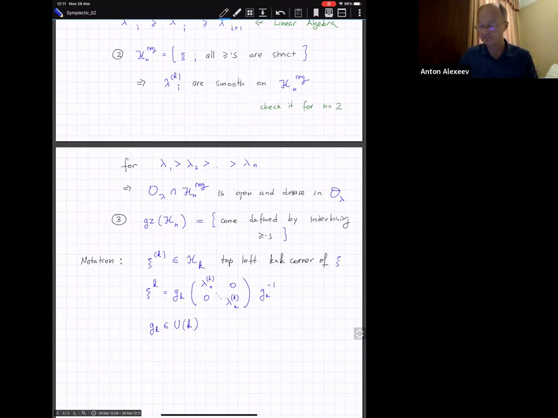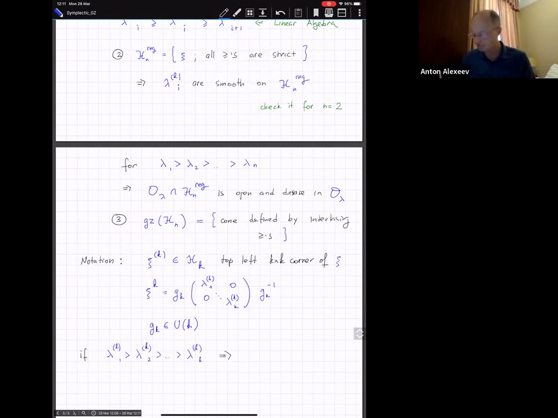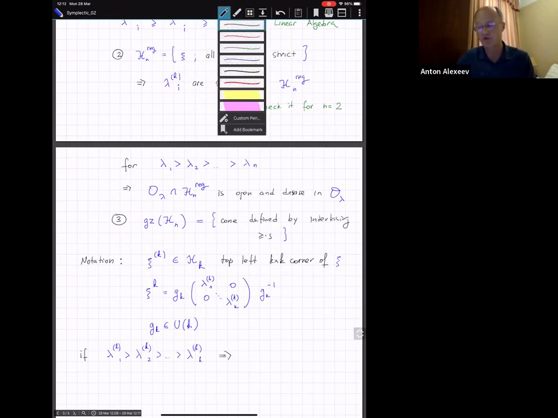And if the lambda k's are all distinct, then this Gk is defined modulo multiplication on the right by a diagonal matrix.